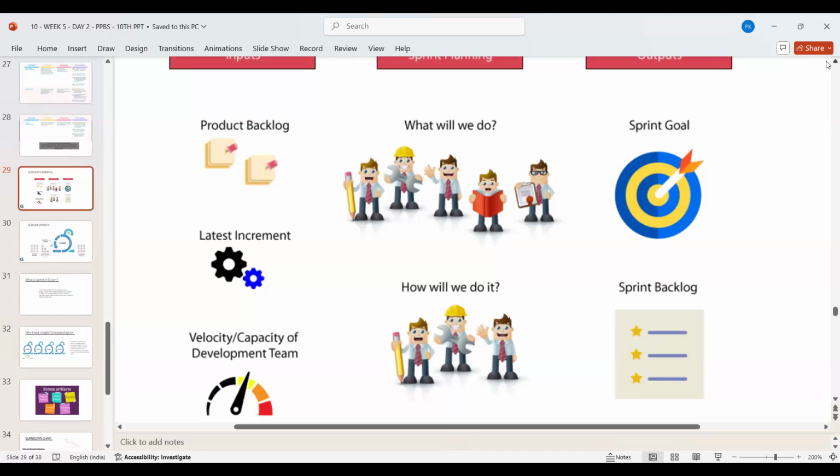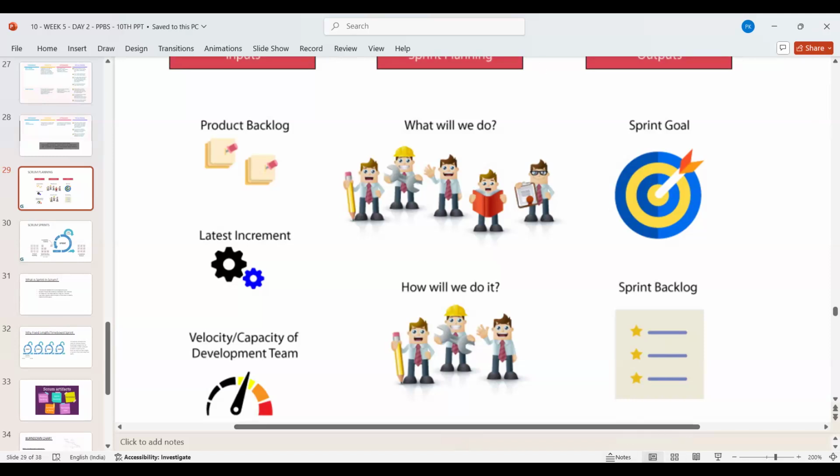A target can be a functionality, completion of a certain percentage of work, or working on a critical requirement and coming up with a plan. It can be anything that the team has already committed to do. We decided this sprint goal during the planning phase. So this is the outcome.